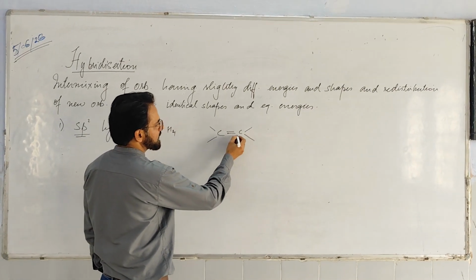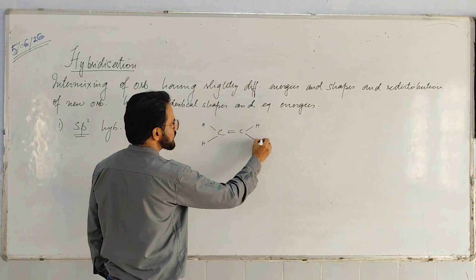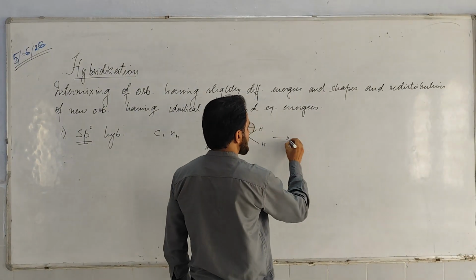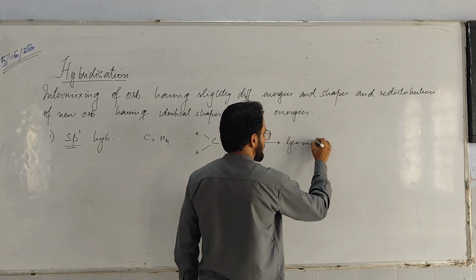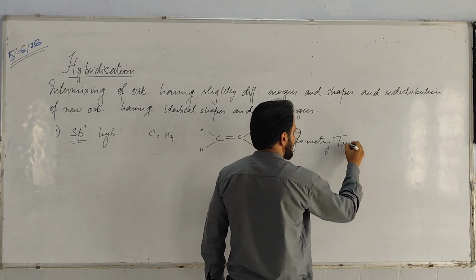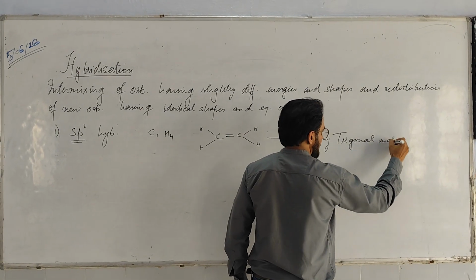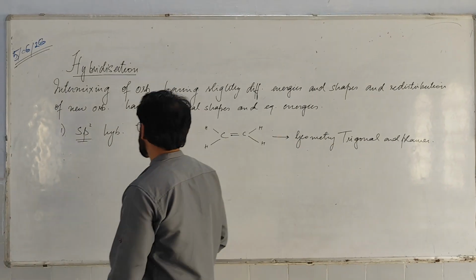You see a carbon-carbon double bond, with each carbon having two hydrogen atoms. Here the geometry is trigonal planar.